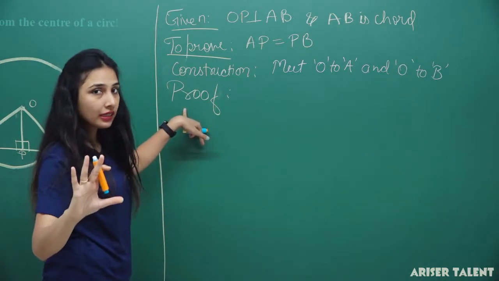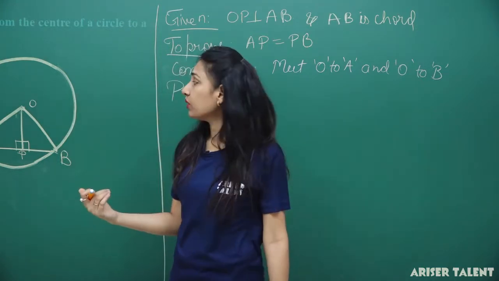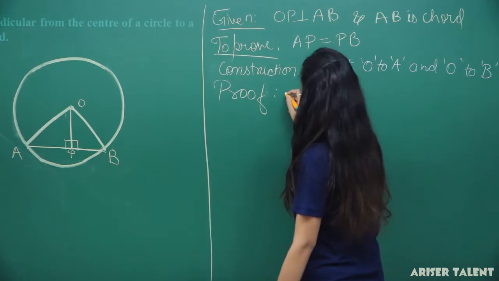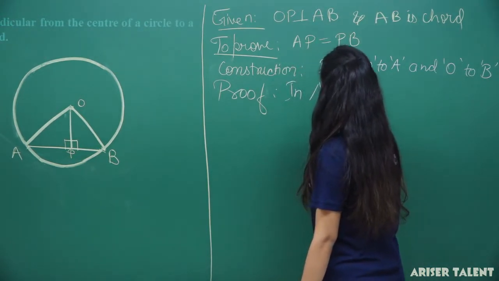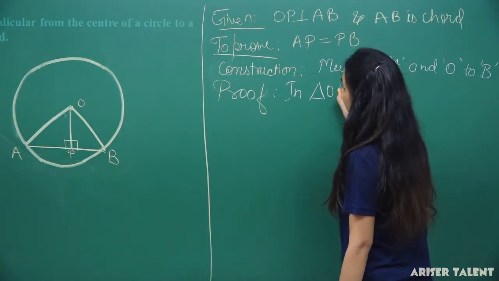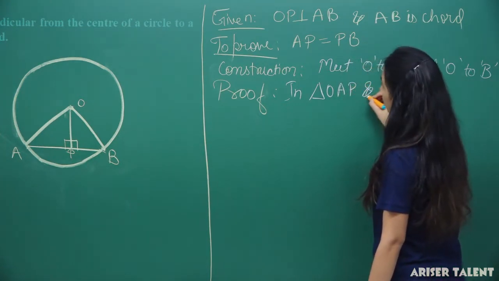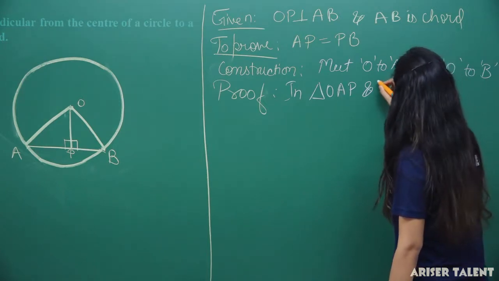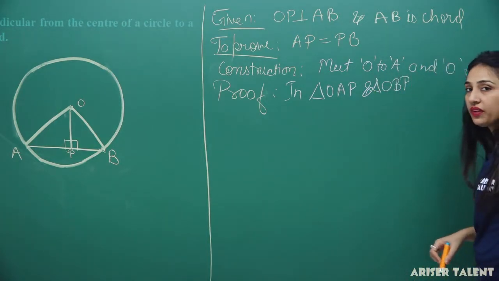We are taking two triangles, as we have been doing from the very beginning. In triangle OAP and triangle OBP, what are we having?